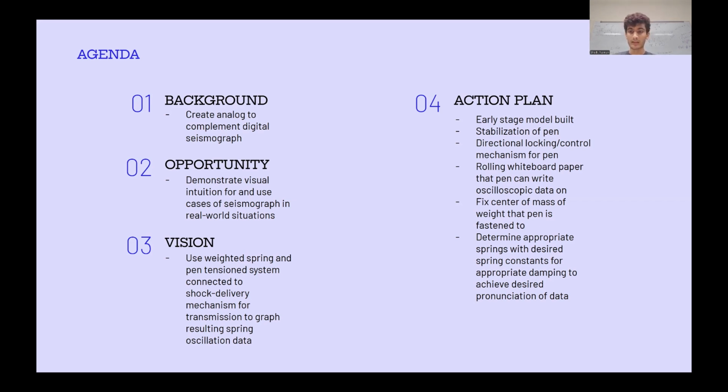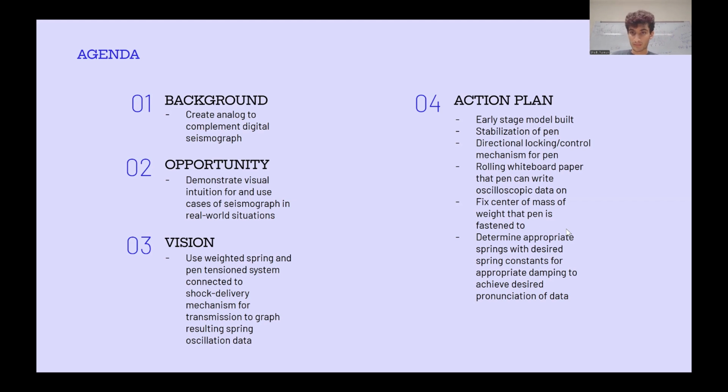So yeah, the idea is to just demonstrate real world use cases for seismographs, and then in the long term, we want to be able to actually build a shock transmission mechanism that we can connect to the seismograph in order to have someone be able to stomp on the plate of it and maybe even pair it up with the digital seismograph so they can see both acting in parallel at the same time so that they can have a solid sense of what's happening.